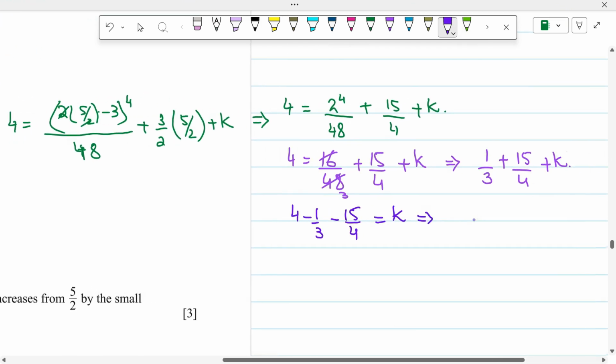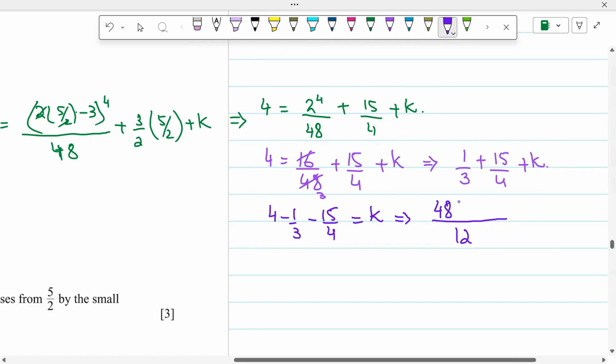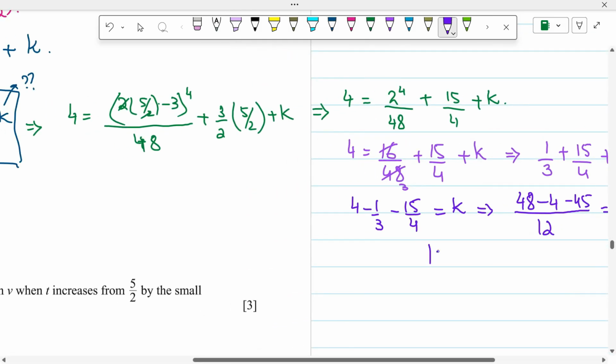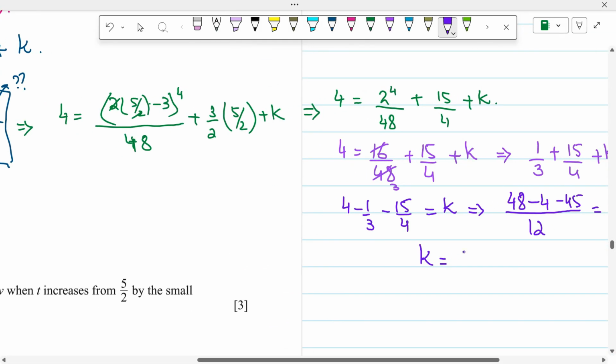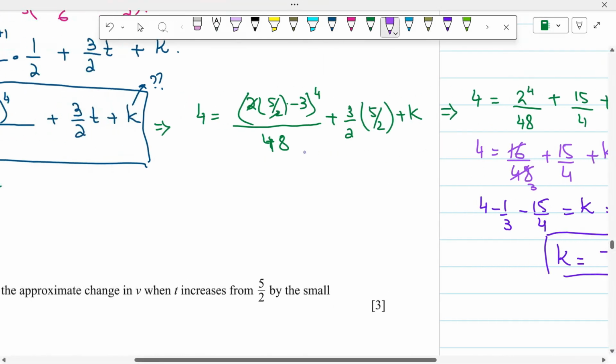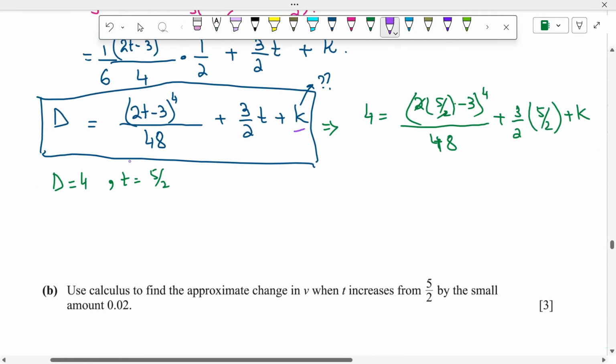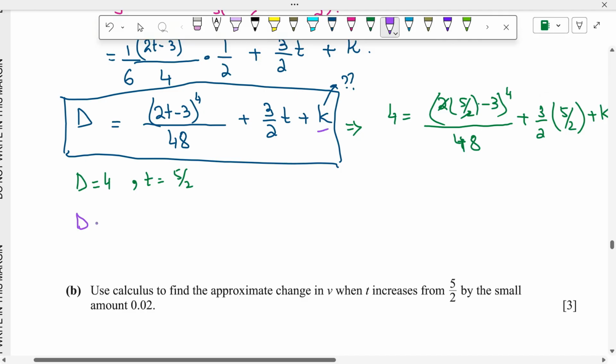Taking the LCM 12, 12 times 4 is 48, minus 4, minus 45, so k is equal to negative 1 over 12. So we have calculated the value of k, which is negative 1 over 12.